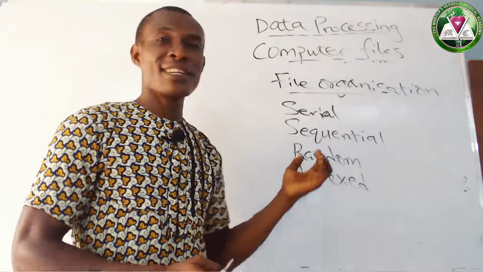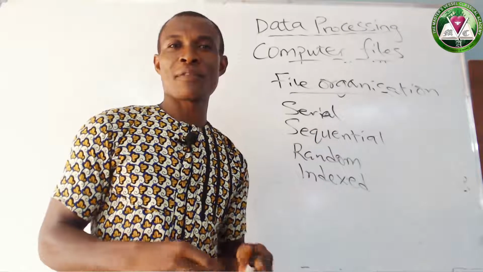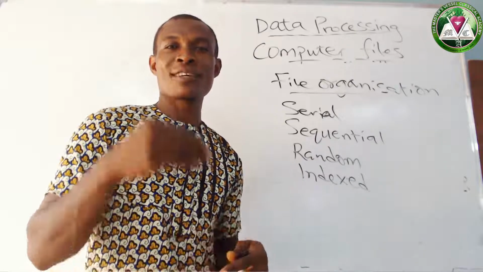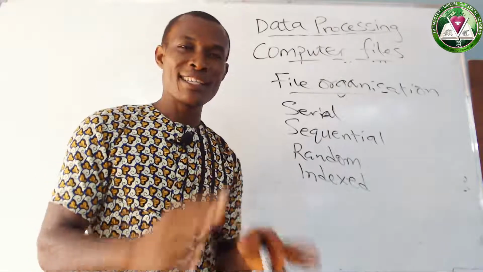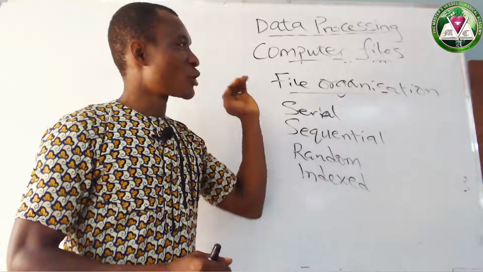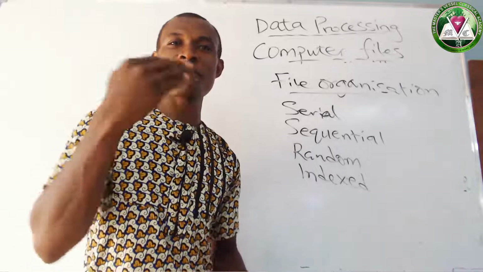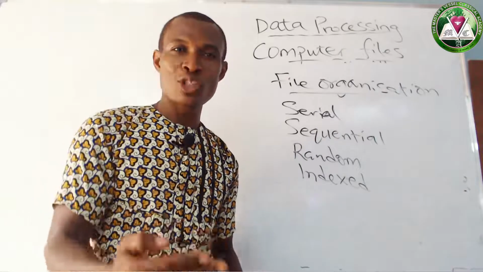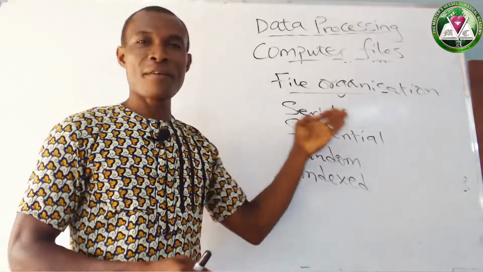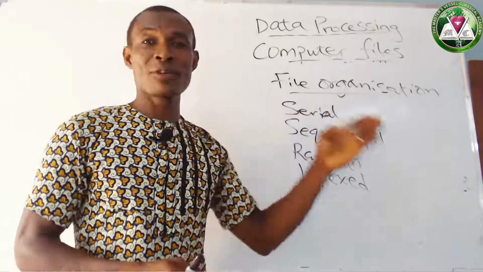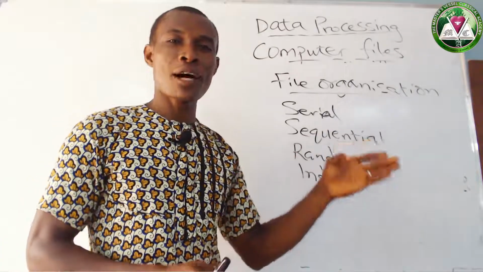And we also talked about reference file, a file that is kept for reference purposes. We also talked about scratch file, a file that is no longer needed. And now we said file organization is simply the method in which computer files are being stored on a disk. Types of file organization, we have mentioned serial file organization, sequential file organization, random file organization, and indexed file organization.